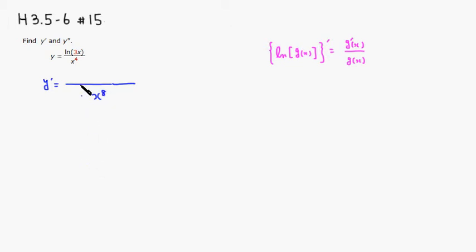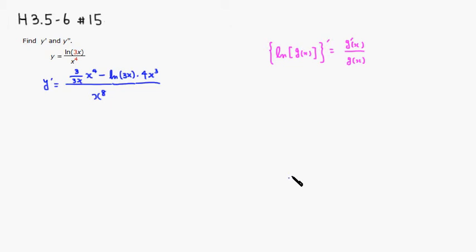And the derivative of the top: the natural log of 3x, the derivative of that is 3 on top, 3x on the bottom, times the bottom, so x to the 4th power. Minus the natural log of 3x, and multiply by the derivative of the bottom, which is 4x cubed.